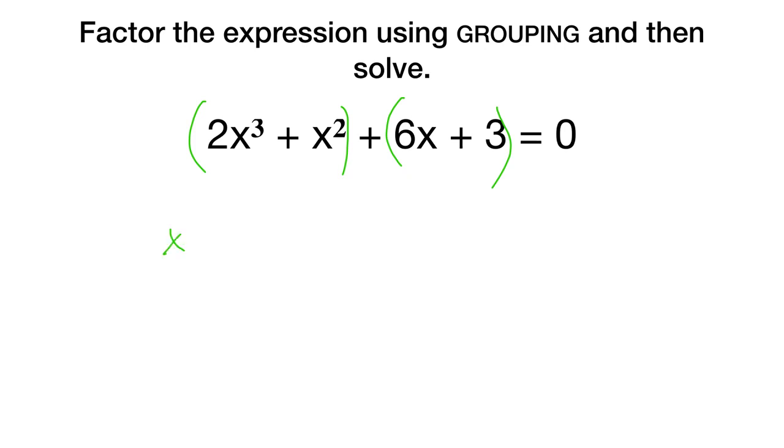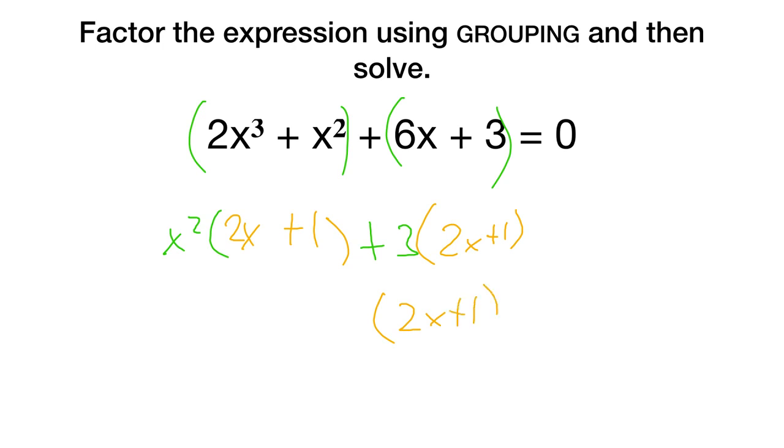So that becomes 2x plus 1, and then plus, greatest common factor between 6x and 3 is 3 times 2x plus 1. Hey, look, the 2x plus 1 is the same. That means that we have properly factored. If it's not, it means that either you can't use grouping on this or you made a mistake.